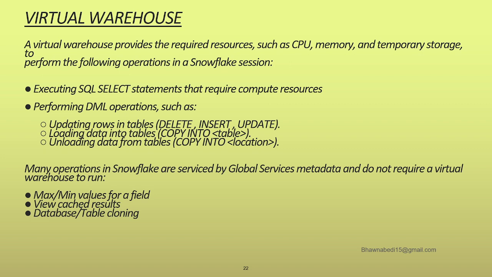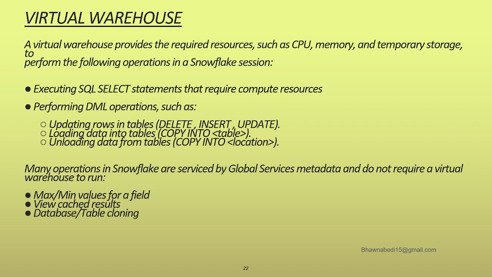Now, many operations in Snowflake are serviced by global services metadata. What is this? I exactly talked about it a minute back. You have statistics which get captured whenever you insert the data into a table. So whenever you're trying to query your data, like select maximum value from this, select minimum value from this, the metadata is already stored by Snowflake, so it will not directly query your data.